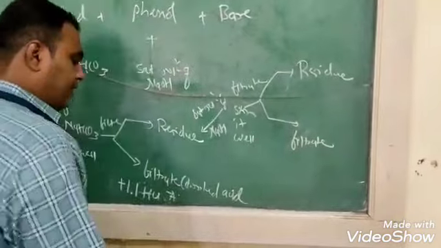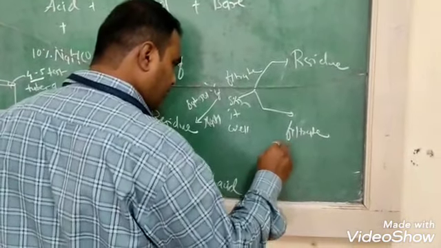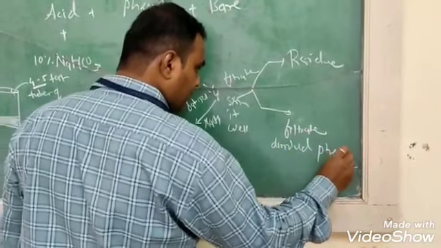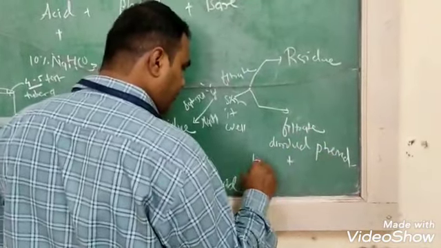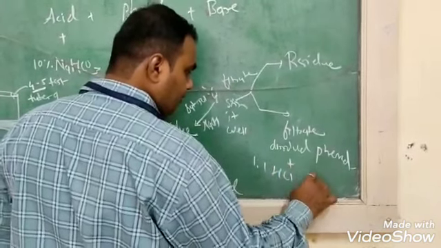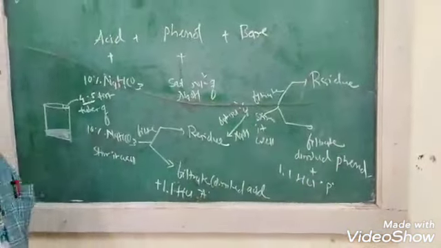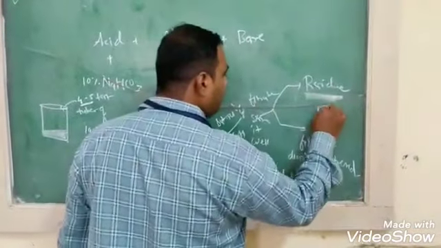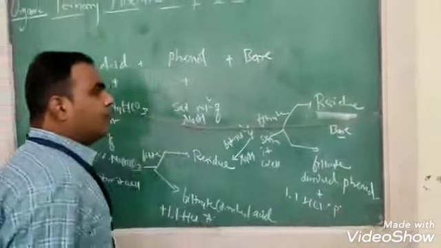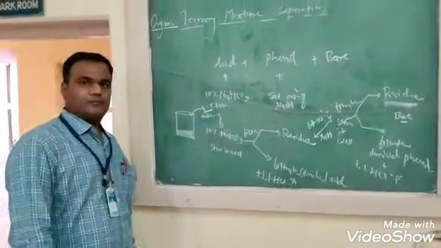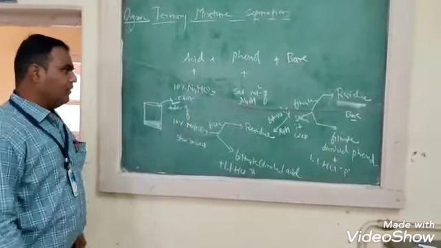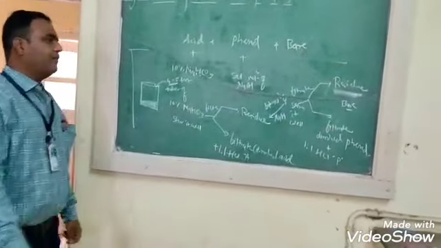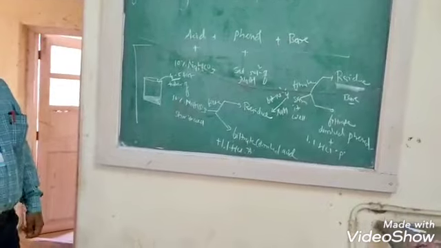The filtrate is nothing but the dissolved phenol component, and by addition of 1:1 HCl, phenol is precipitated. The remaining residue is the pure base component. There is no need to dissolve that residue for the confirmation of base. In this way, we can separate the acid, phenol, base type of ternary mixture.